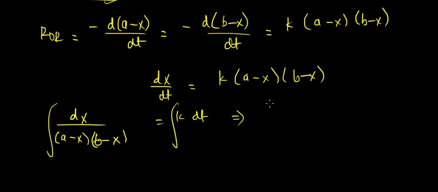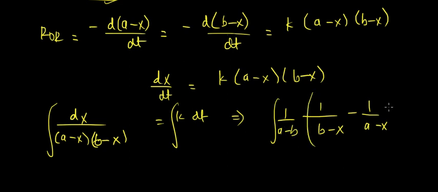Let's see this. We can write the left hand side as 1 upon (b minus x) minus 1 upon (a minus x). So what will this give us? This will give us the denominator as (a minus x) into (b minus x), and in the numerator we will be getting a minus b. So just divided by a minus b. So this is the left hand side. This should be equal to k dt.